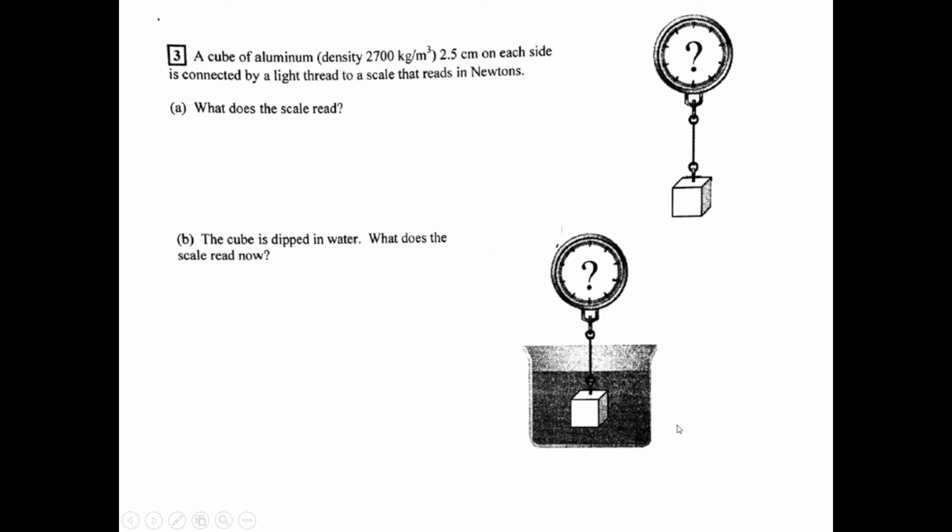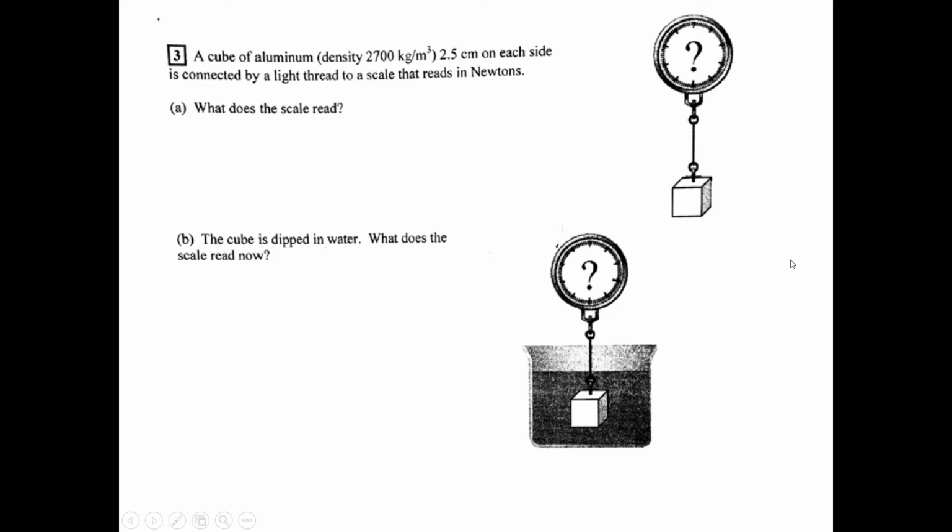Next problem. You can just stop the video to work on this one. We've got a cube of aluminum of density 2,700 kilograms per cubic meter, which is 2.5 centimeters on each side, and it's connected by a light thread to a scale, one of those scales that you weigh fish on, and the scale reads in newtons. We want to know what the scale reads when it's just hanging like this as normal, right?